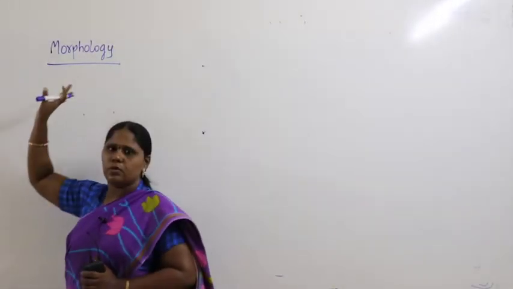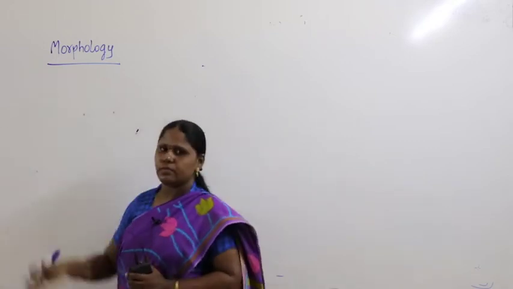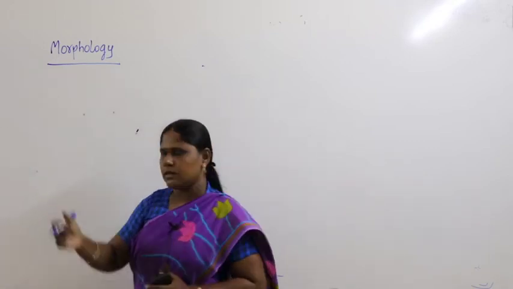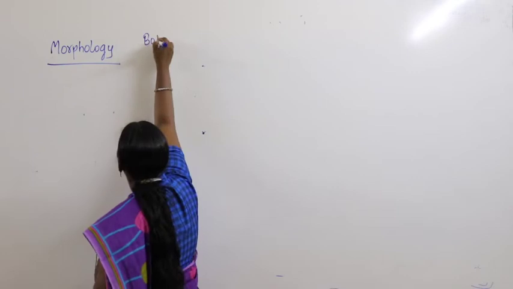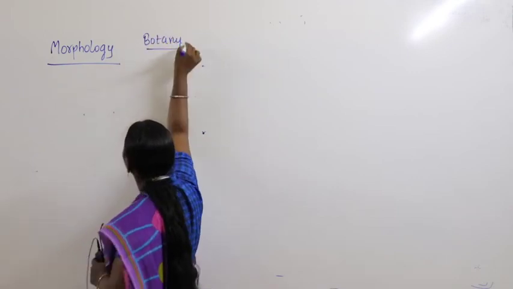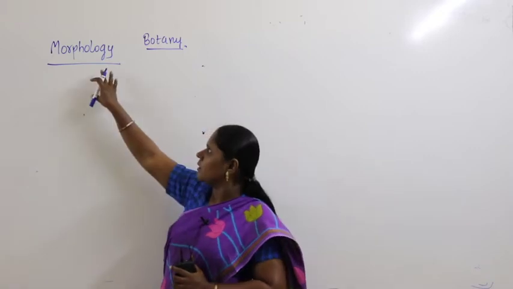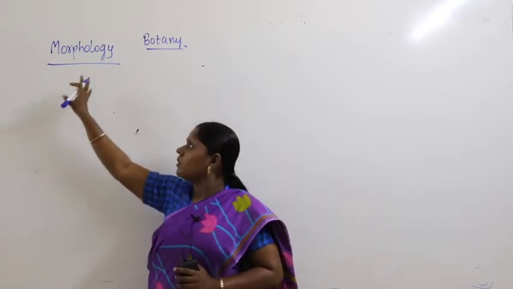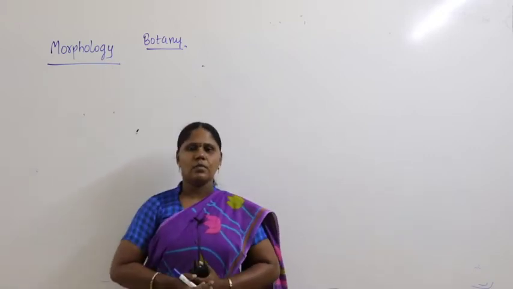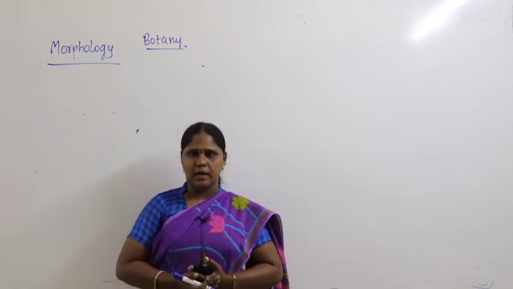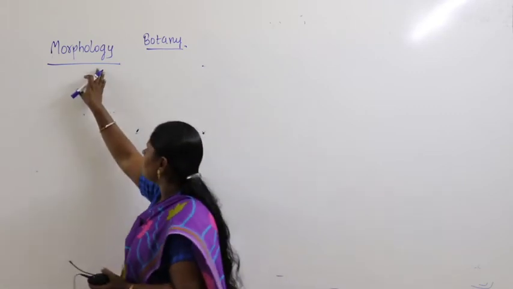Let us start about morphology. So we are discussing botany class. In botany class we are studying, let us start with the chapter morphology. As we discussed in the last class, what is morphology?